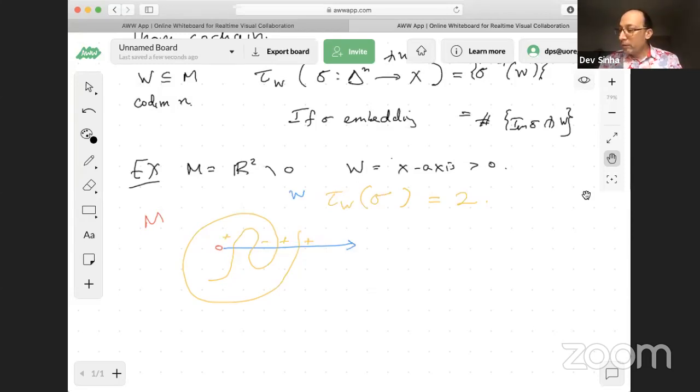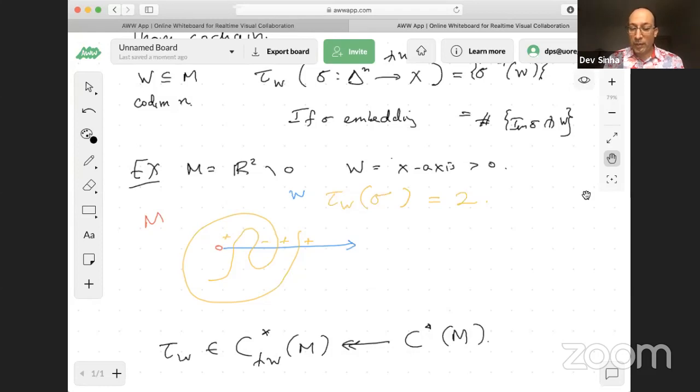So what you need to do is you consider this tau to be in a cochain group that's a quotient of the usual cochains, because it only evaluates on a subgroup of the usual cochains. And so that's fine. So these are defined just on a subgroup of chains.